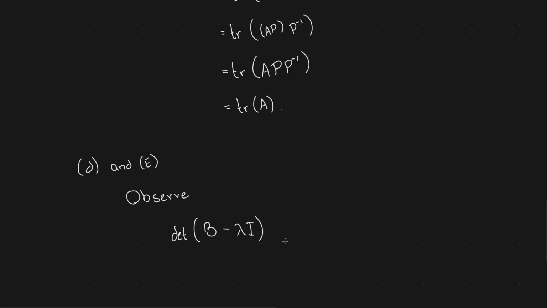So I want to show that this is equal to the determinant of A minus lambda times I, and then the characteristic equations will be equal, and therefore the zeros of those characteristic equations, the eigenvalues, will also be equal.